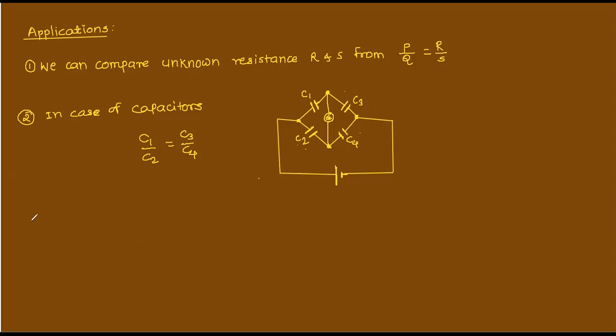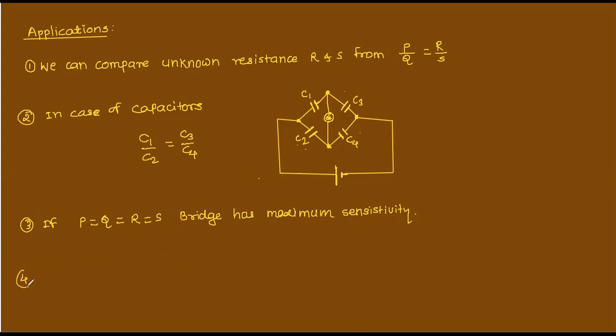Next point, if P is equal to Q is equal to R is equal to S, then the bridge has maximum sensitivity. Bridge has maximum sensitivity.